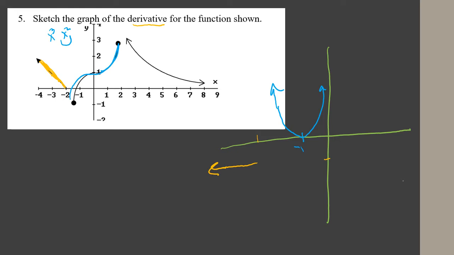The last part of the function here, we can see that our slope from about 3 down to somewhere in between 4 and 5, our slope here is negative. So our derivative is negative there. And then it switches from negative to going positive.